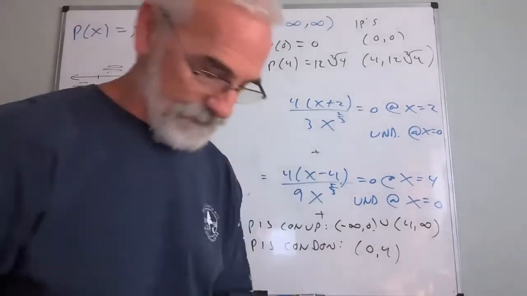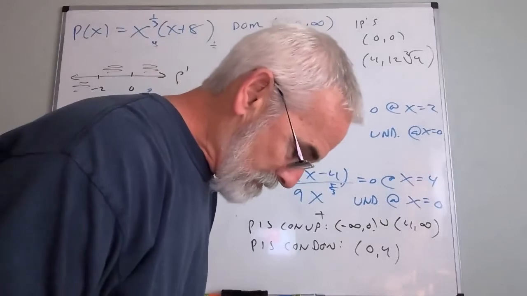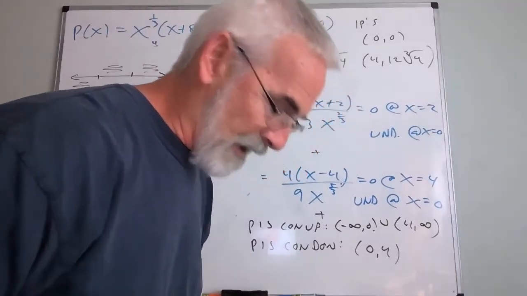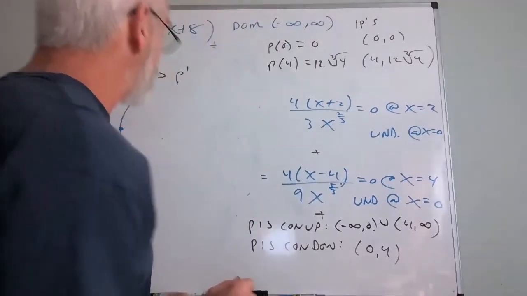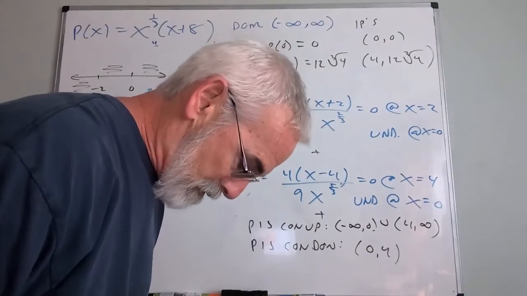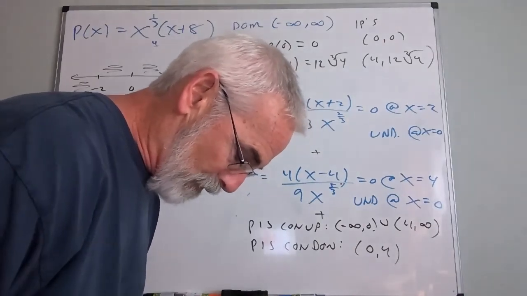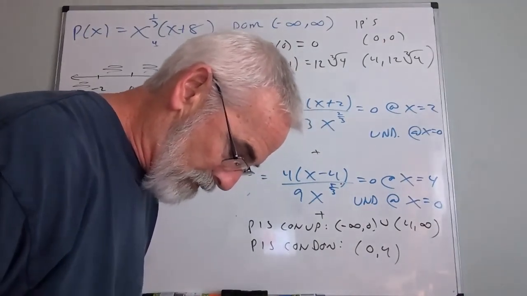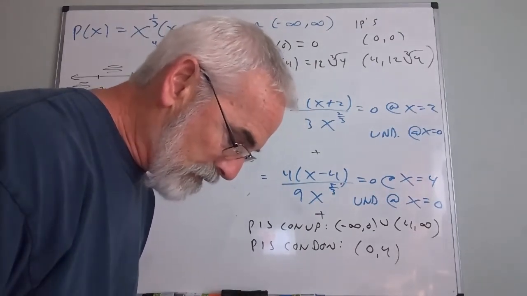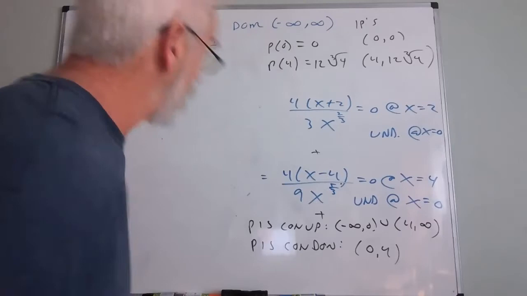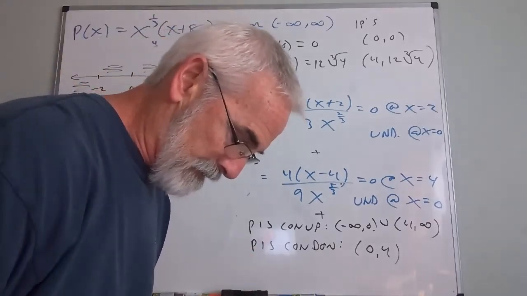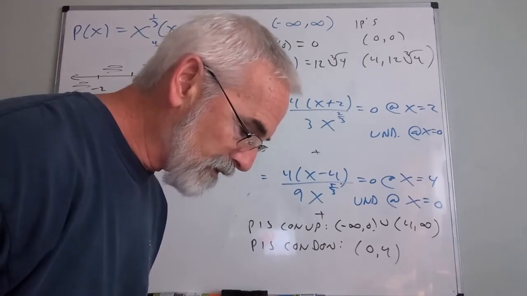So then once again, this is why I'm so happy I have my titanium here. So what do we got? We've got x to the 1/3 times x plus 8.